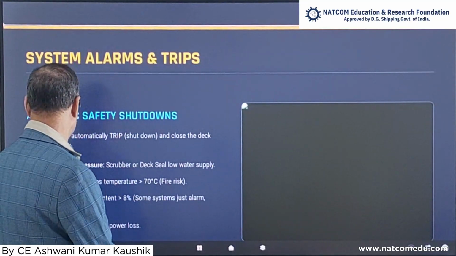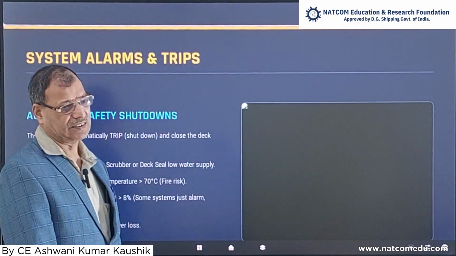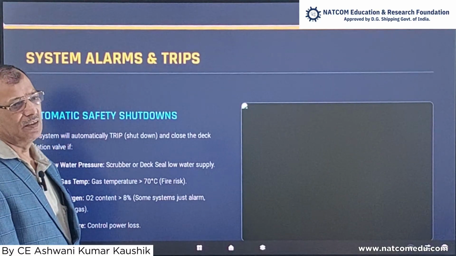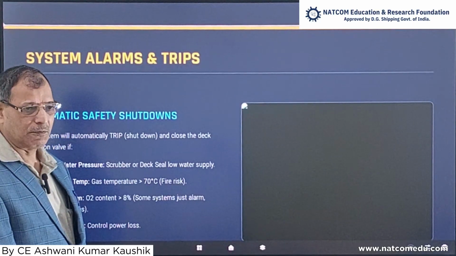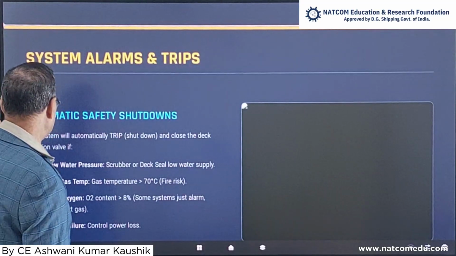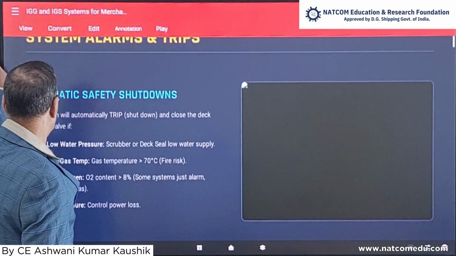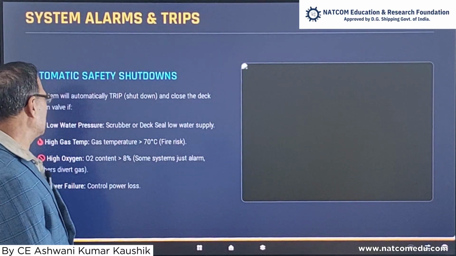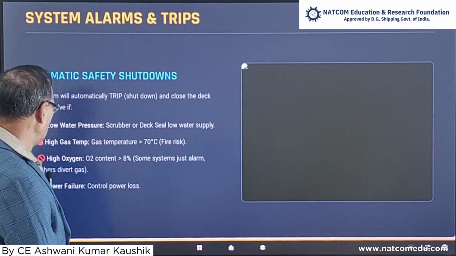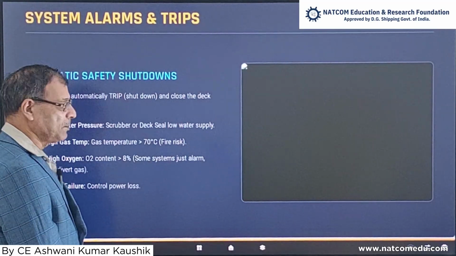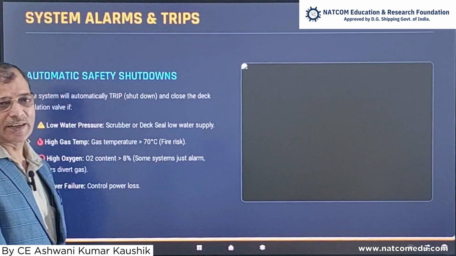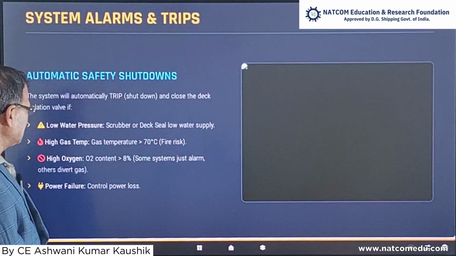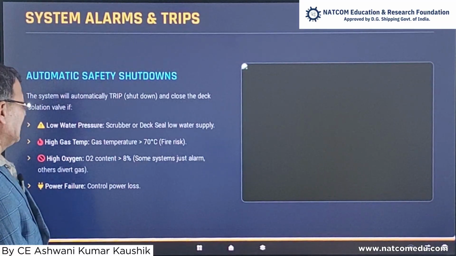System alarms and trips. Before starting any cargo system, we have to check all safety systems, before arrival at port or before starting any IG. There is an alarm system with automatic safety shutdown. The system will automatically trip, shut down and close the deck isolation valve. There is low water pressure to the scrubber or deck seal, low water supply. The level of the deck seal is maintained, and if something is wrong, it automatically stops. High gas temperature, more than 70 degrees centigrade, is a fire risk.